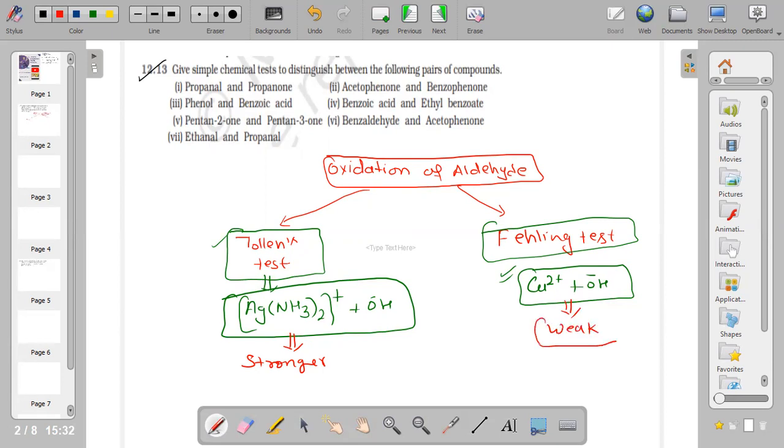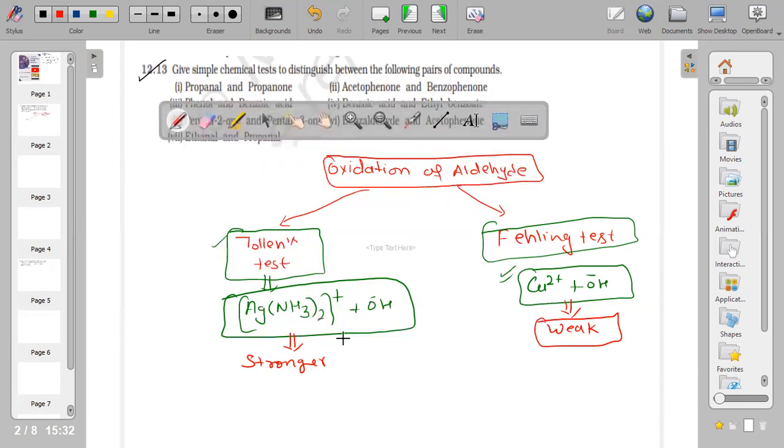If I take the example of an aromatic aldehyde, you can solve this question easily. Tollens can react with and reduce an aromatic aldehyde, CHO. If I take benzaldehyde with both, the Fehling test will not change anything, but the Tollens test will.